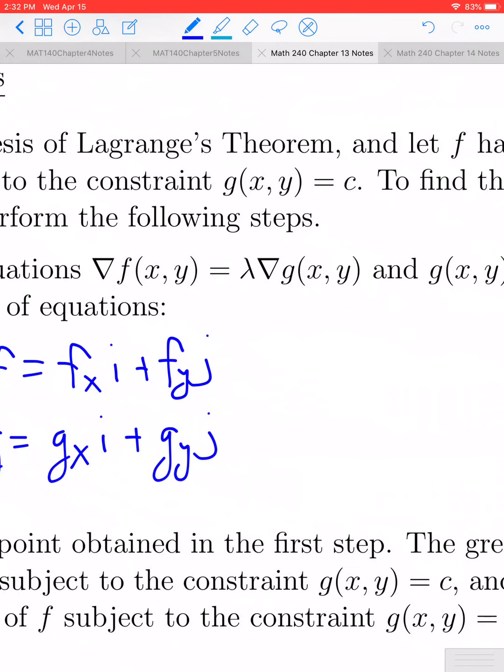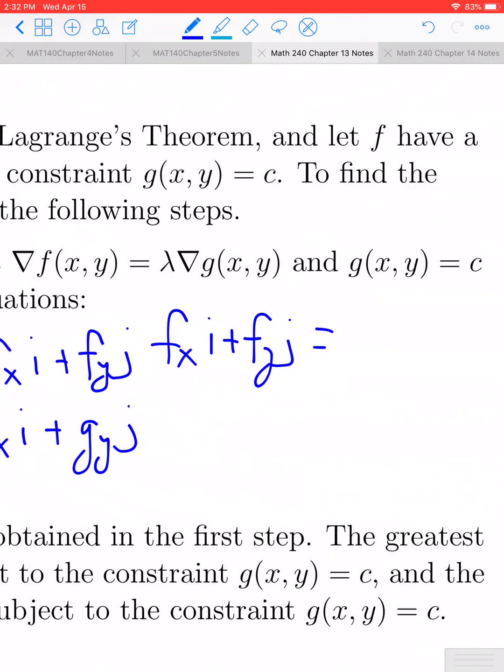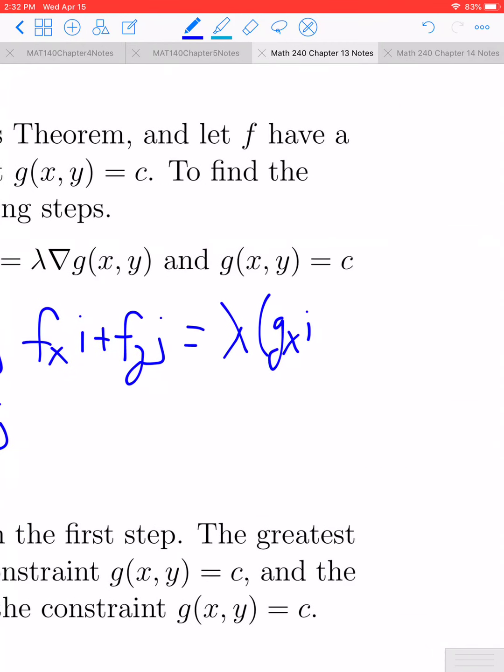And if we're setting those two things equal to each other, then that's saying that at that particular point, fx i plus fy j is equal to lambda times gx i plus gy j.